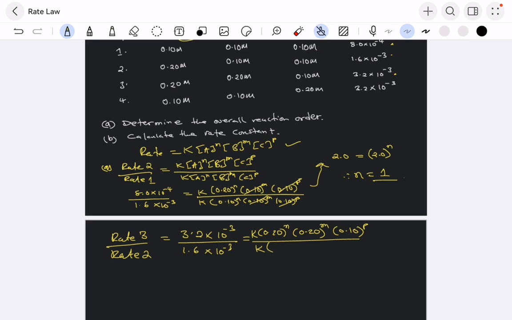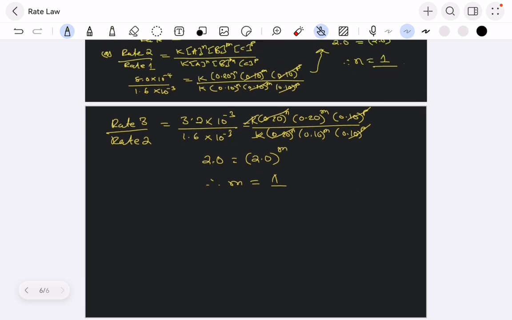Experiment 2 starts with 0.20 N, then 0.10 M, then 0.10 P. So here this and this will cancel, this and this will cancel, the K and the K will go. When we do the math, this gives us a 2.0, then this gives us a 2.0 to the M, which means that our M is also 1.